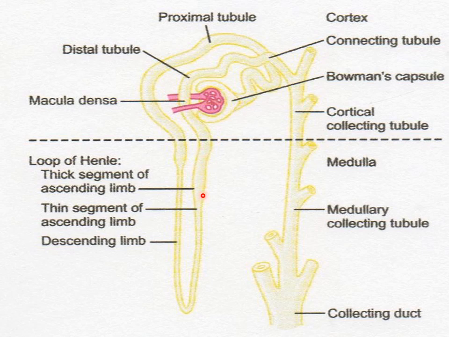It's called thick segment of ascending limb of loop of Henle. زين. هذا ال loop of Henle ويصب تدب into the medulla، يكون مغموس بالميدلا.